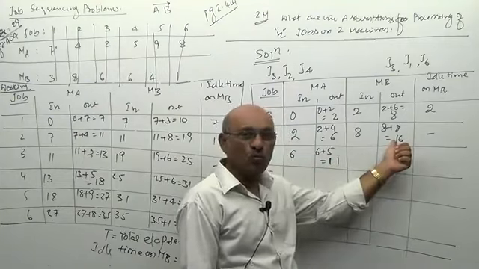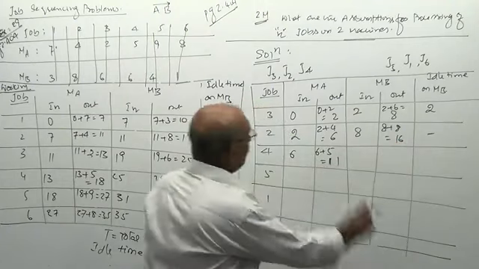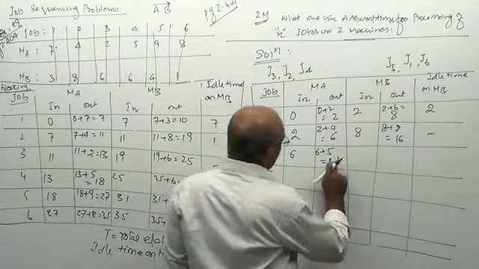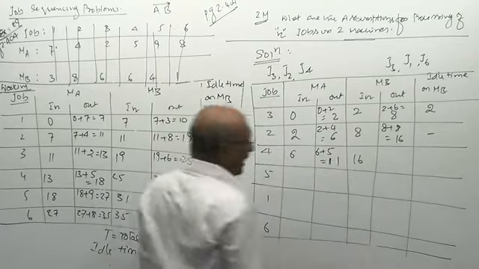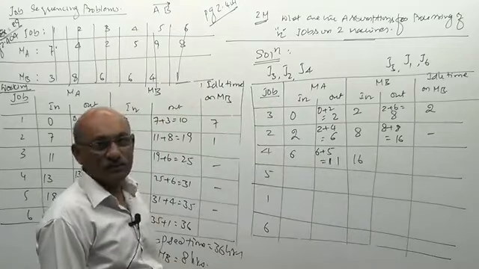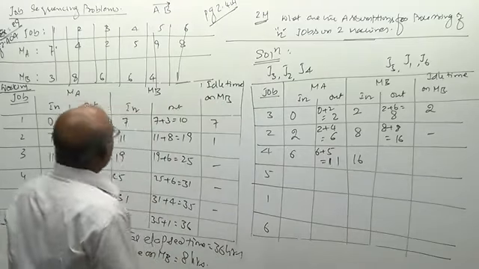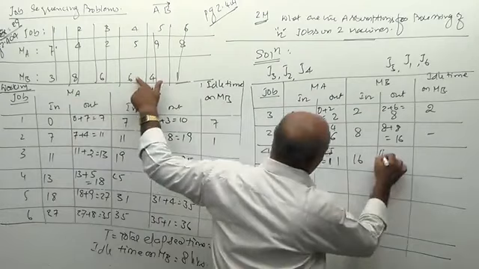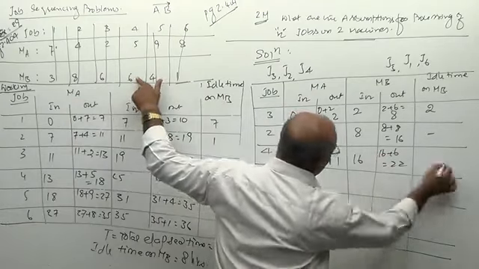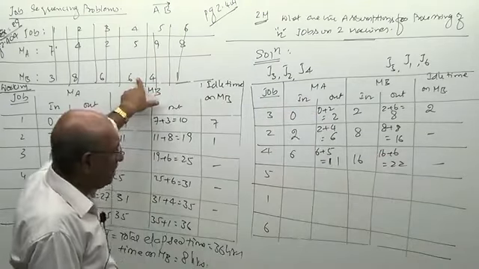No. Why? Machine B is busy with the previous job. So job number 4 will enter into machine B only at the end of the 16th hour. Job number 4 will take 6 hours. So 16 plus 6 is 22. There is no idle time on this.